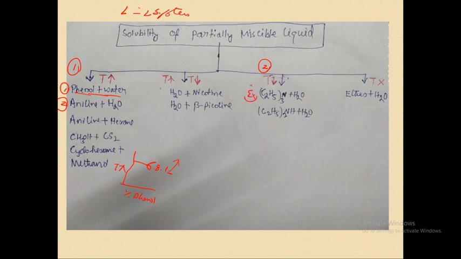An example is this: triethylamine and water. At 18.5 degrees Celsius, they are partially miscible liquids.